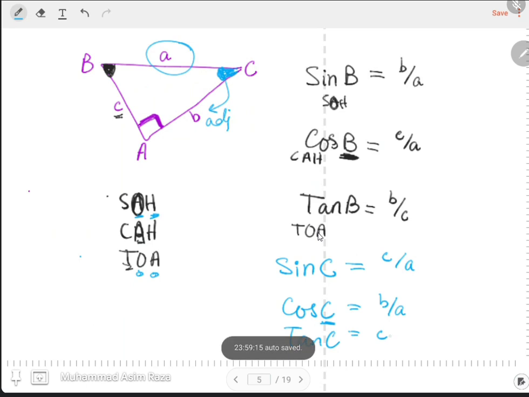Opposite is C, adjacent is B. So when you change the position of the angle, the names of the opposite side and the adjacent side also change. I hope you get it.